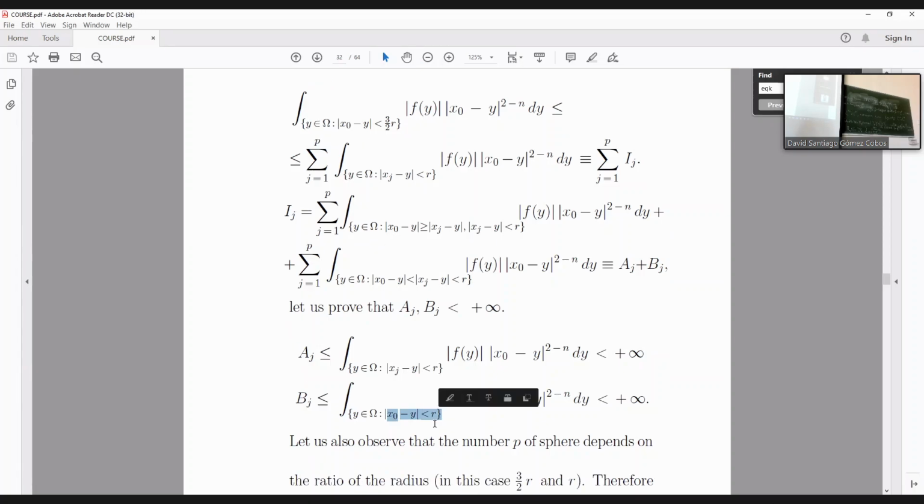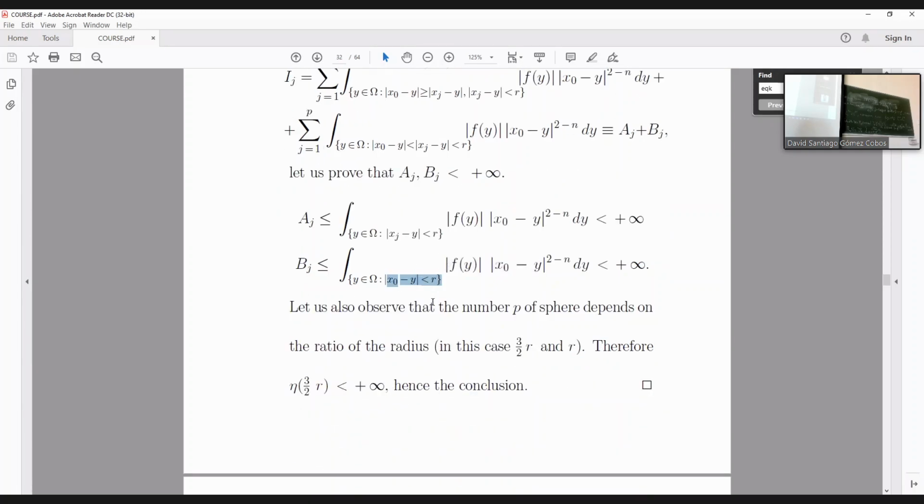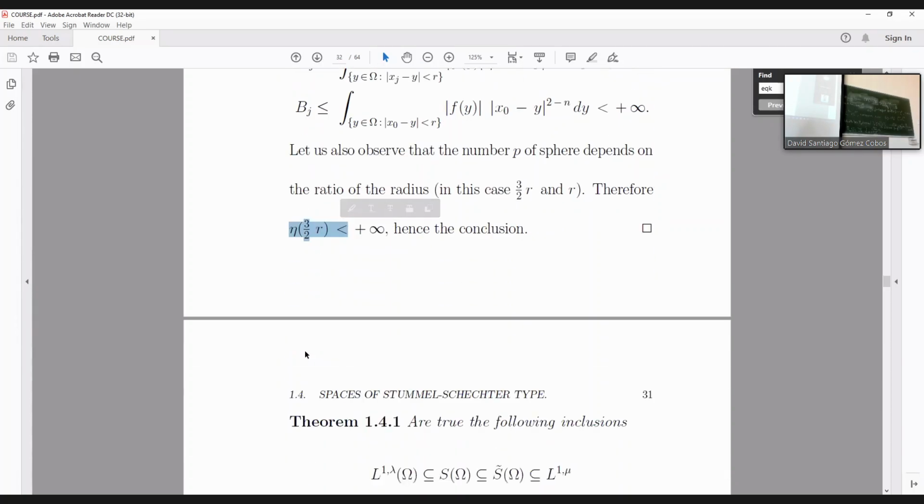Also, we observe that the number p of the spheres depends only on the ratio of the radii, because in the case we considered at the beginning, 3/2 times r, the quantity eta in 3/2 times r is finite. Of course, this could be considered not only for 3/2 but for every different r.